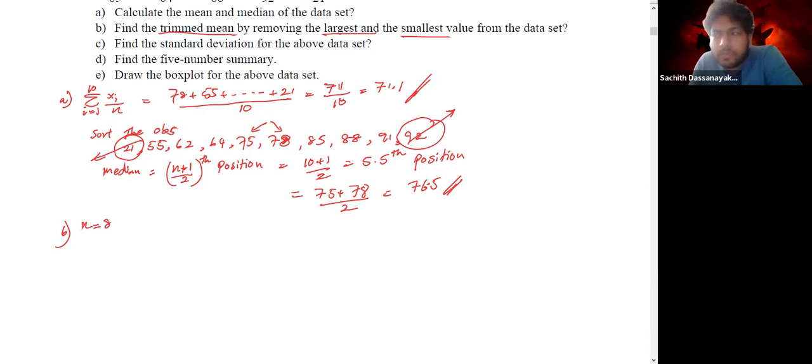So how do you find the trim mean? After removing these two values, add the values that you have.